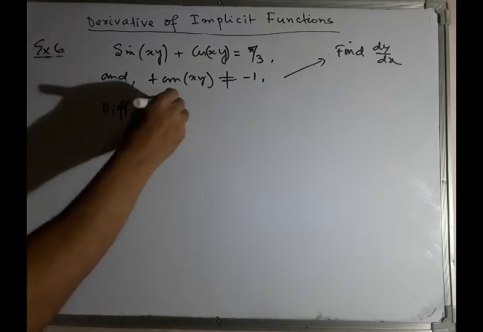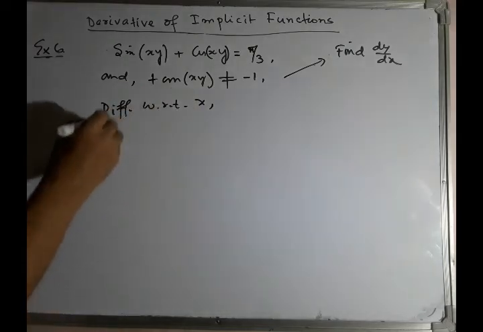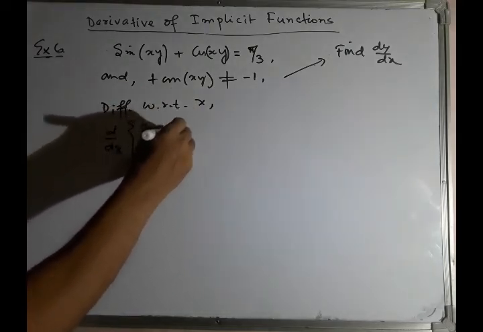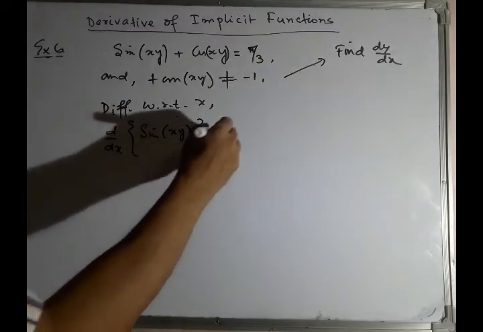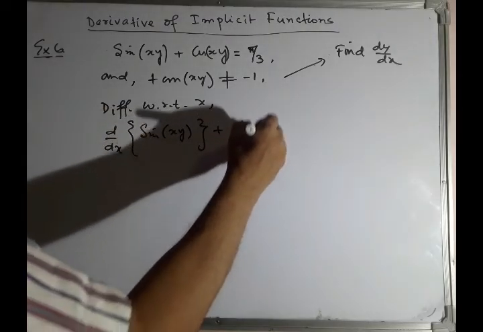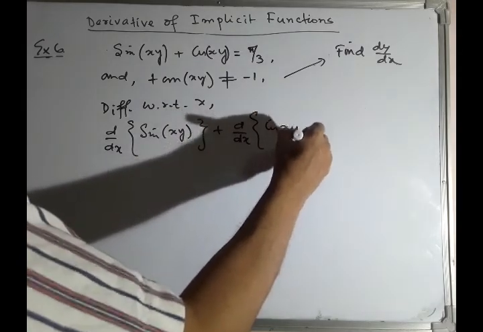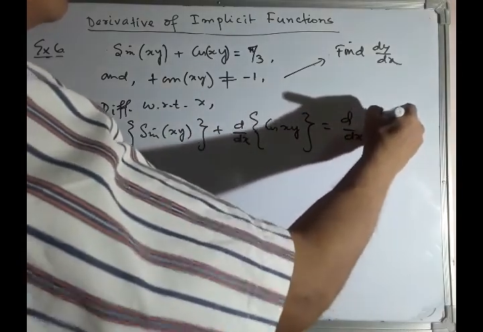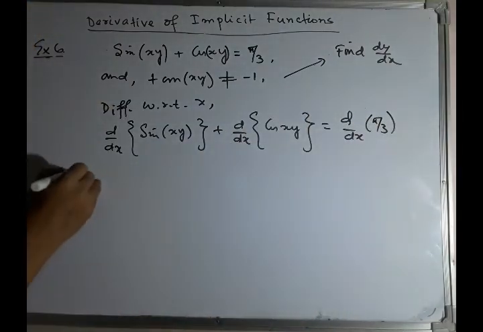Differentiating with respect to x, we'll get d dx of sin xy plus d dx of cos xy equal to d dx of pi by 3.